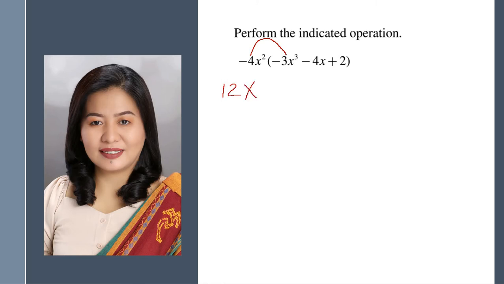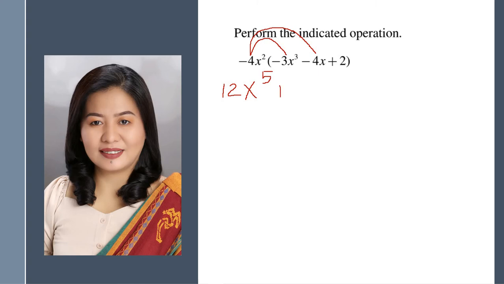So when we are multiplying expressions with the same base but different exponents, all we need to do is simply add the exponents.